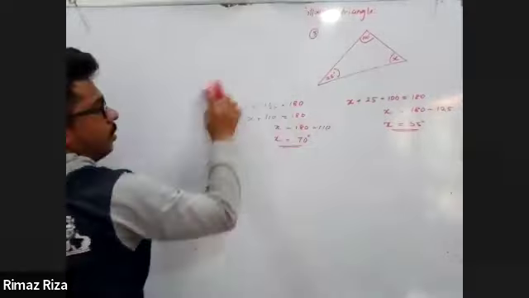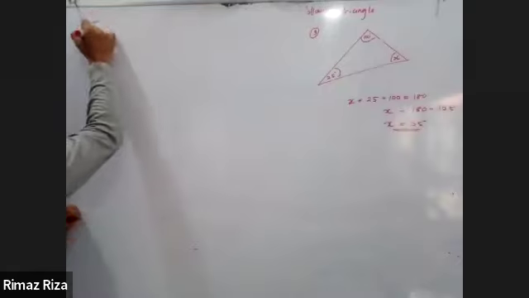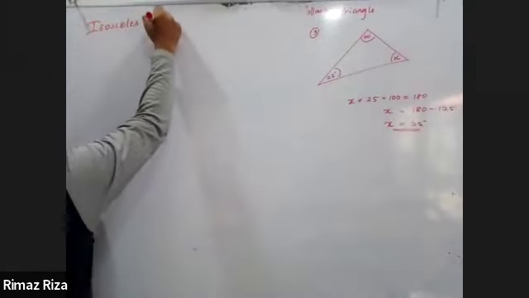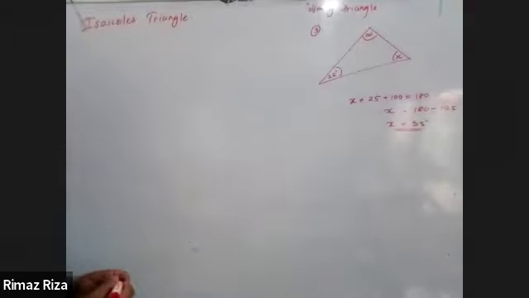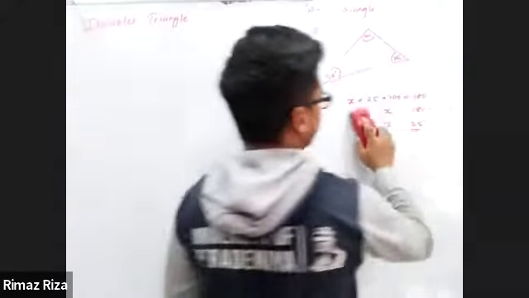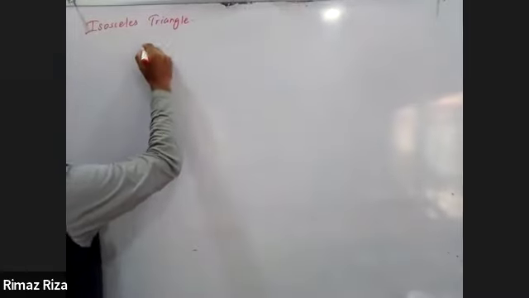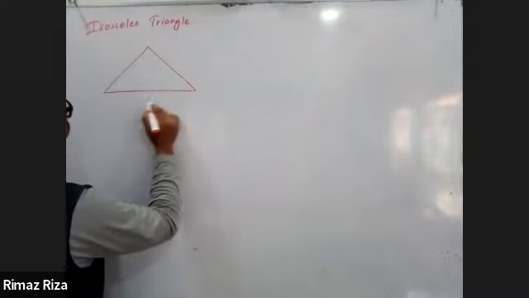So write the topic: isosceles triangle. So we know in an isosceles triangle, two sides are equal in length.